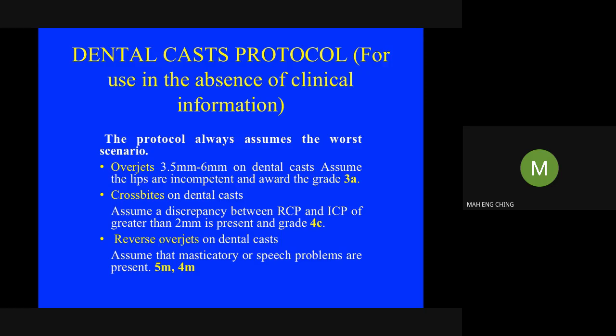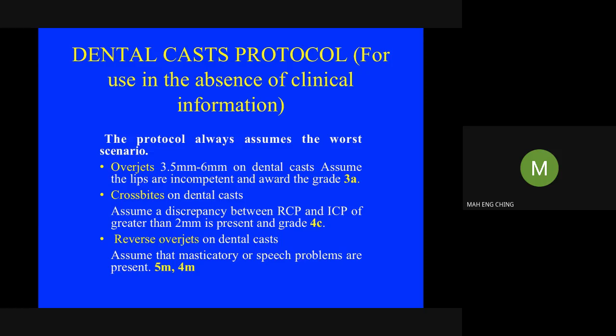There's some protocol. Let's say you measure on the dental cast, the overjet is between 3.5 to 6, but you don't know whether they have competent lips or not. Then you always grade them the worst. You assume the patient has incompetent lips because you cannot see the patient clinically. So based on the study model, you go for the worst.